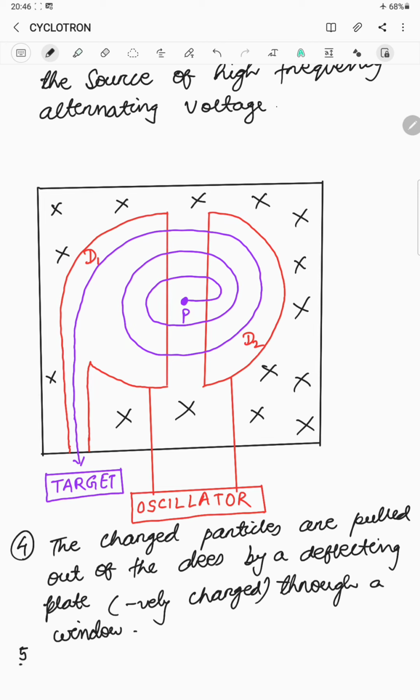Then the fifth part, this whole device is to be kept in high vacuum because we should not allow the air molecules to collide with the charged particles.